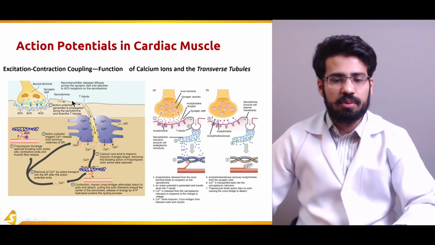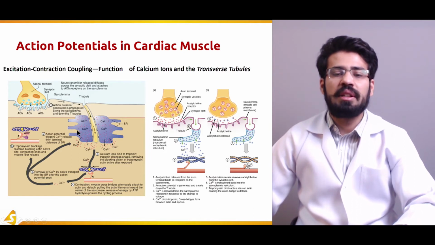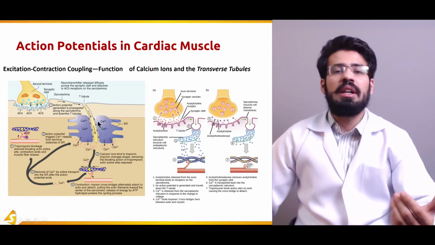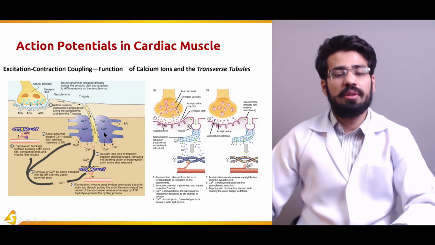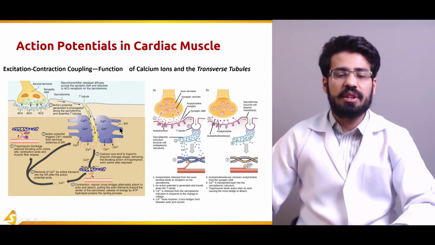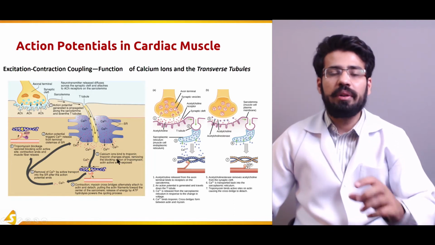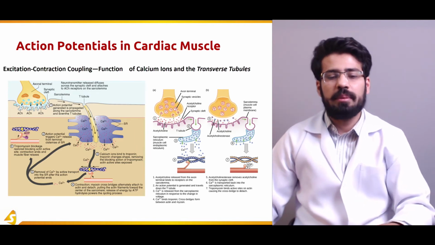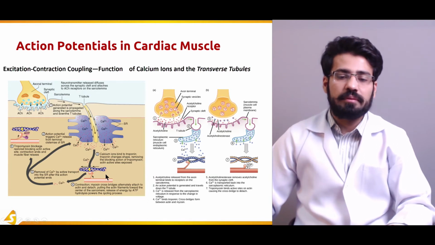This action potential is moving from here and from here, and here you can see the sarcoplasmic reticulum. When the action potential touches the sarcoplasmic reticulum, it will trigger the release of the calcium ions. These calcium ions, after they are released, will bind to the troponin. We are going to discuss in detail the troponin, tropomyosin, and the actin and myosin filaments in the section on the skeletal muscles.